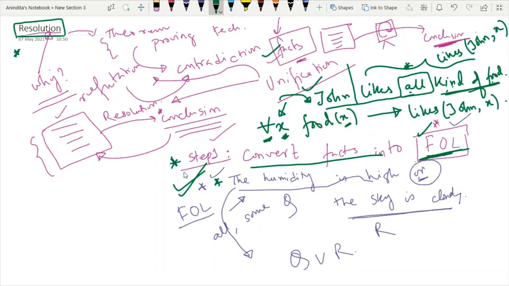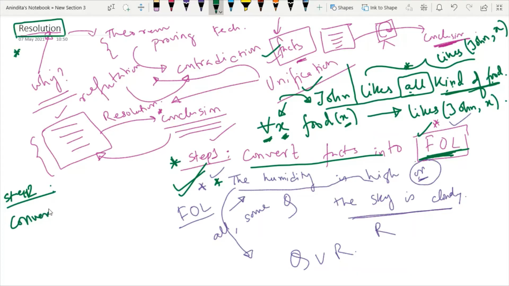Now, what is step 2 of the resolution algorithm? Step 2 of this resolution algorithm will be, we have to convert these FOL statements into conjunctive normal form.